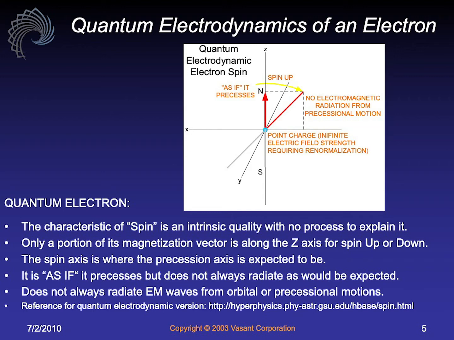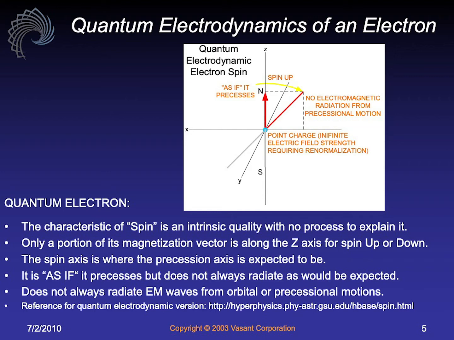So the energy is maintained, and it also causes the development of standing waves among all matter, kind of like a three-dimensional weave of the fabric of space. And in fact, it's that standing wave energy that in a very convoluted way gets explained by quantum physics as zero-point energy. If you go to the website down there that lists at the bottom, Hyperphysics, gsu.education base spin.html, you'll see more explanation of this diagram on this slide.